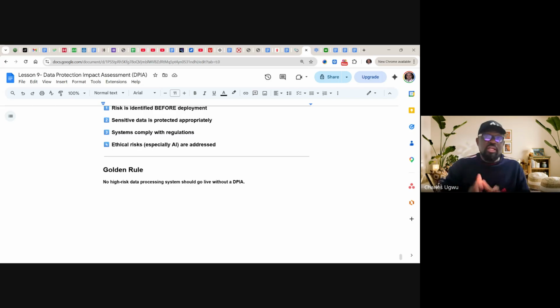If we see that, yes, we need it, then we start all these protocols to protect the data. But if we don't need it, under data protection impact assessment, then we stop the activity. Yeah, that is why it's a proactive measure of protecting the organization from any kind of data breach.